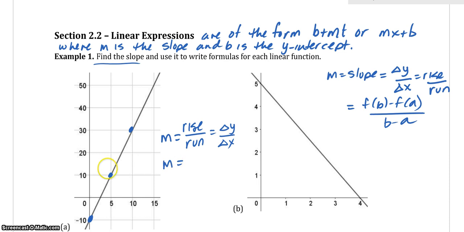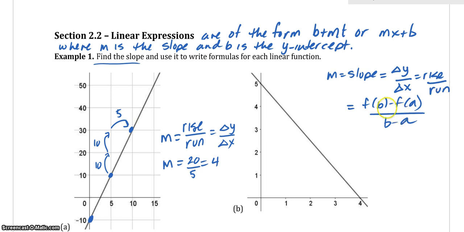I know how much I rise from this point to this, and each one of these is 10, so I'm going to go up 10 and another 10, so I'm going to go up 20. And then how much do I run? This is how much I run. I run only 5 because this represents 5. So I go up 20 and I go over 5. The slope is 4.